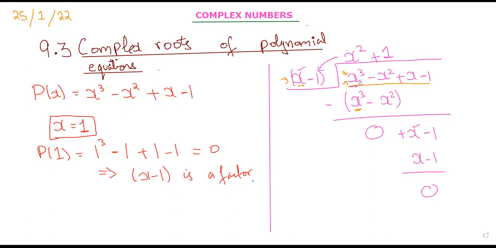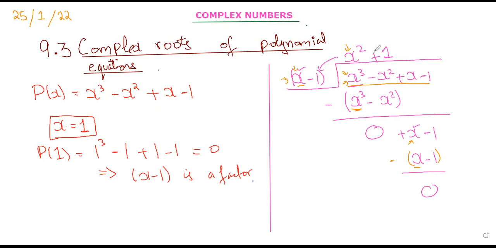This is why I've written x square. Now you have x minus 1, so you follow this number, and here you have x already, so you only multiply with 1, because when you multiply it with 1, you'll get x directly, and because we are subtracting this, we will get 0.